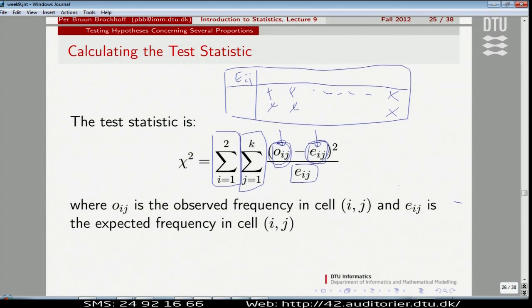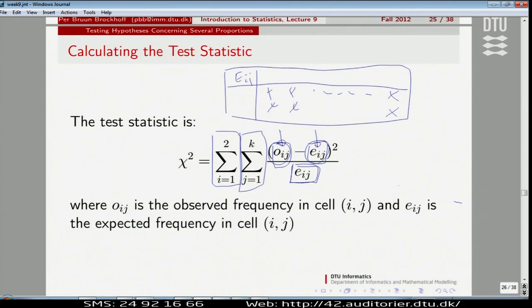And then it's seen relative to the expected value. This makes good sense in the way that a deviation of 2 is much more severe if I expect 4, right? An absolute deviation of 2 between the observed and the expected. If I expect 4, it's a 50% deviation, right?